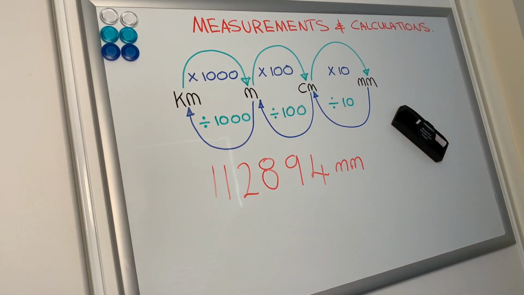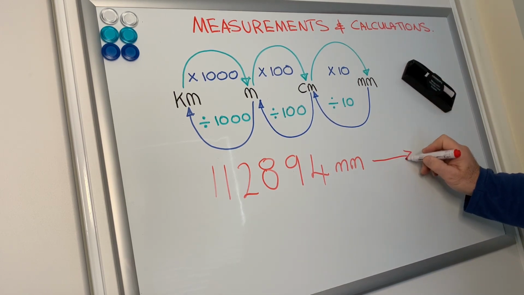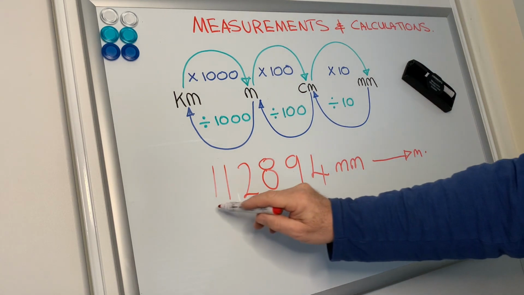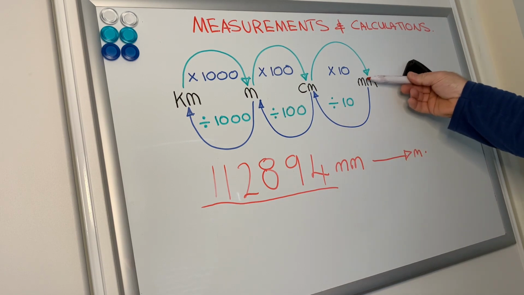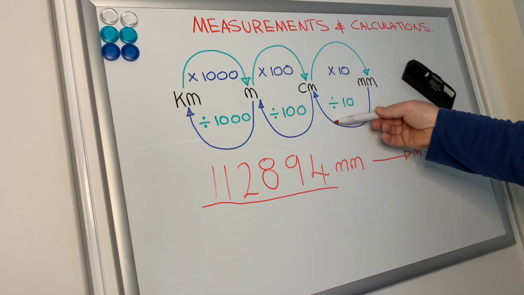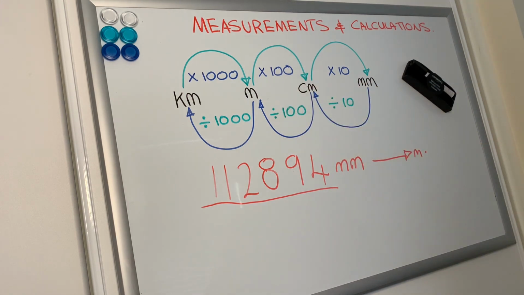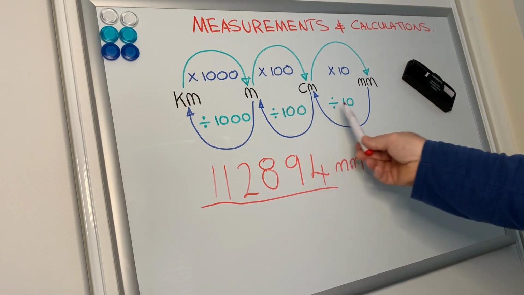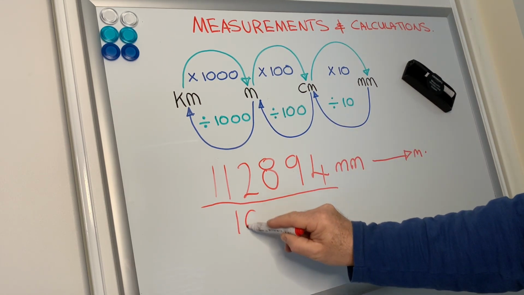Okay. And we want to convert that to metres. Same thing. Divided by, we're at millimetres, we're going to divide it by 10, and we're going to divide it by another 100 to take us to metres. So we've got 10 and 100. Put the zeros together, and we're actually dividing by 1000, okay?